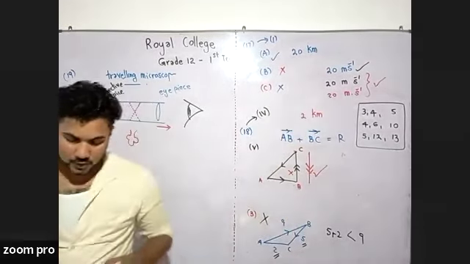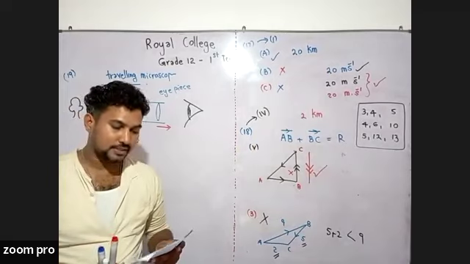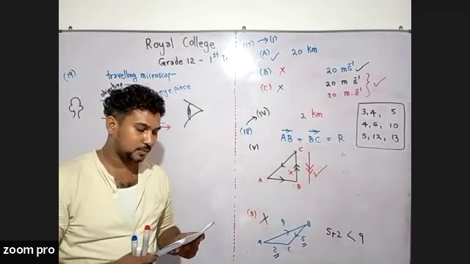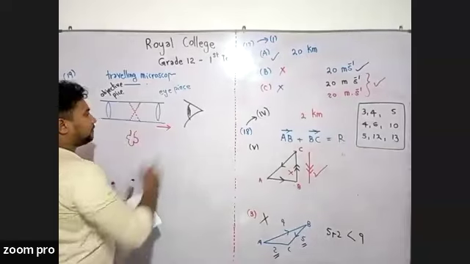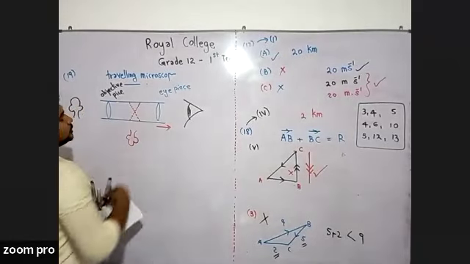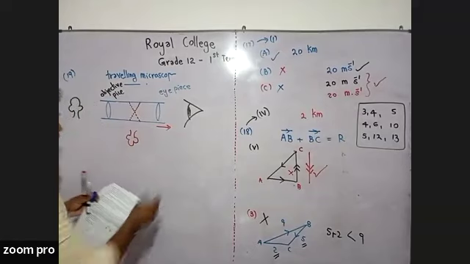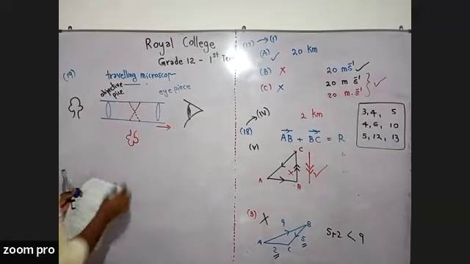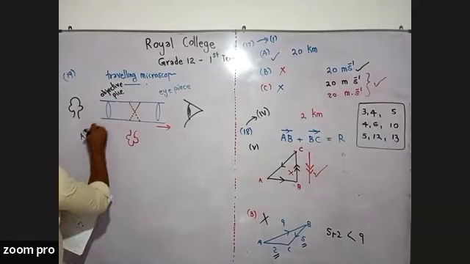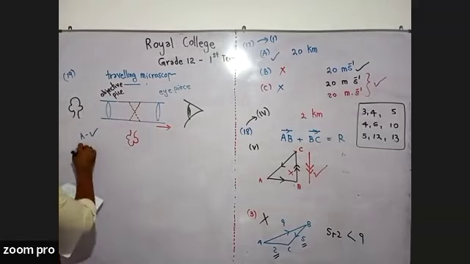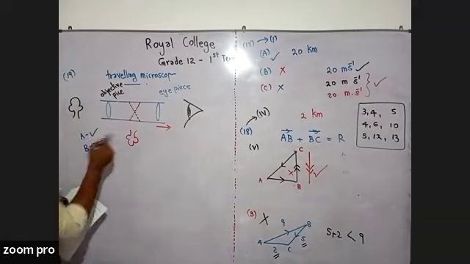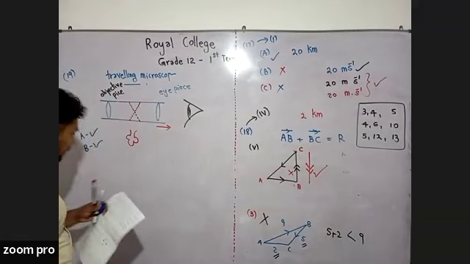So when the traveling microscope is focused on an object, the distance between the eyepiece and the objective needs to be changed, because when the person changes, we have to change the distance between the eyepiece and the cross wires. So statement A should be correct. B: Inverted images are observed by a traveling microscope. It's true, as I mentioned earlier.